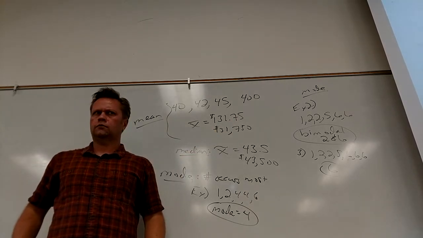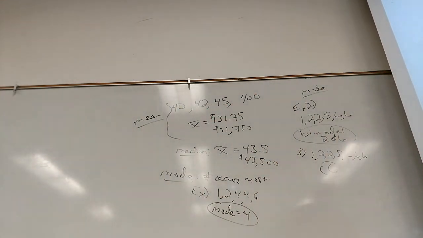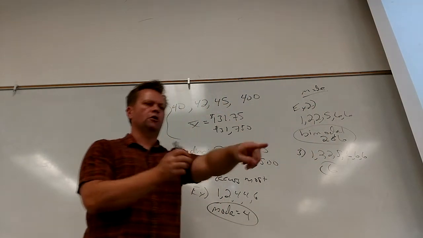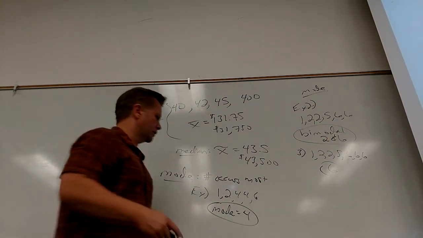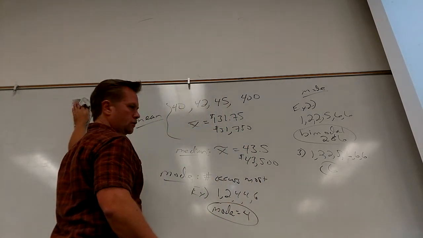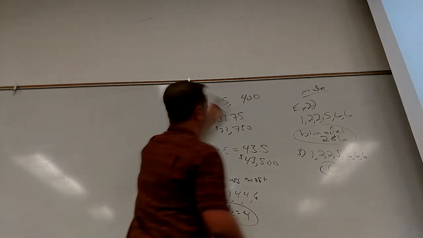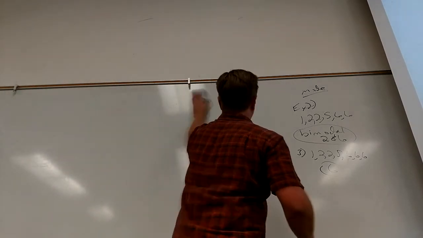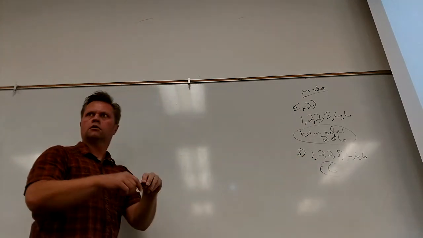Cool. So, did I put that on here? Yes, I did. Last one, and then we're going to work on the back side of this. Somebody remind me, what's the range of a set of data?